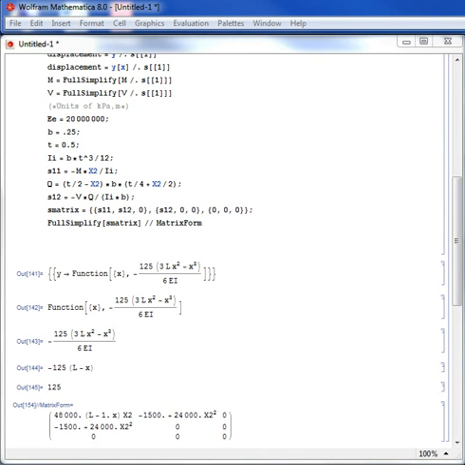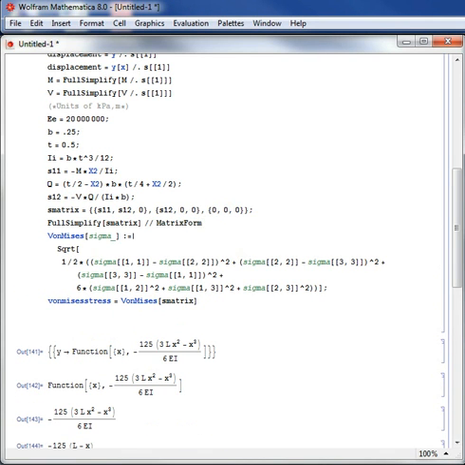I'm going to utilize the von Mises function that I created a long time ago in chapter 3. I'm going to copy it and paste it here, shift enter. So this is the von Mises function, and the von Mises stress is the von Mises function of this stress matrix.